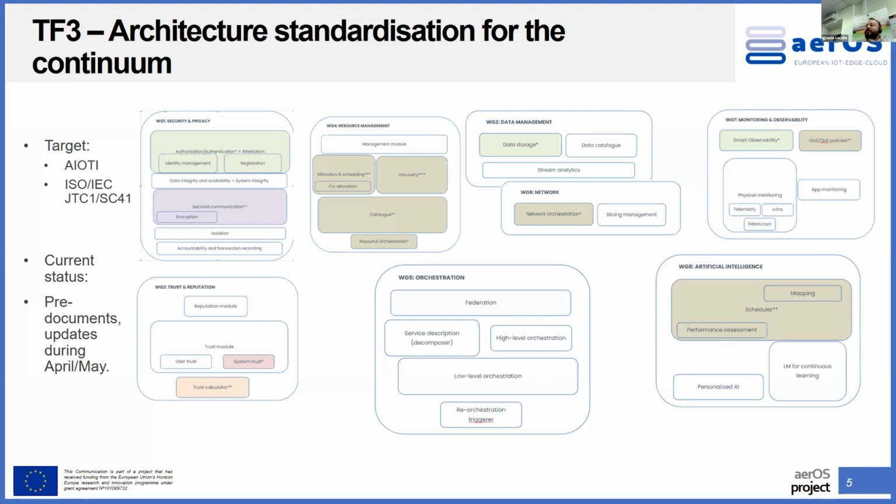So we created these blocks with 8 different areas of application of the components that would form an architecture of the continuum: security and privacy, resource management, trust and reputation, data management, monitoring and observability, artificial intelligence, and orchestration.